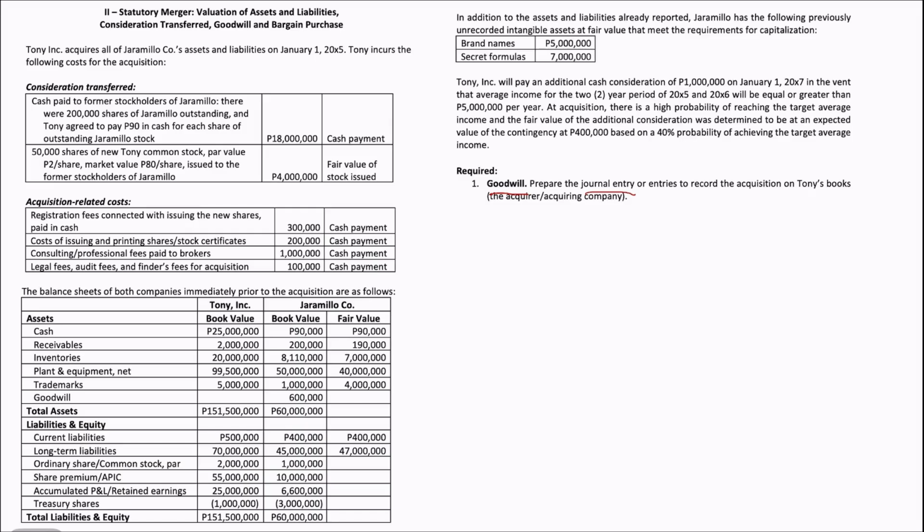First, let's compute for consideration transferred. The consideration transferred consists of cash payment amounting to 18 million, shares, 50,000 times market value of 80 pesos, that's 4 million, and contingent consideration of 400,000.